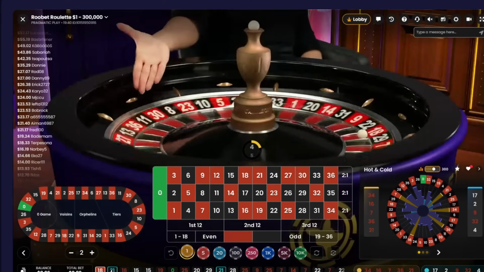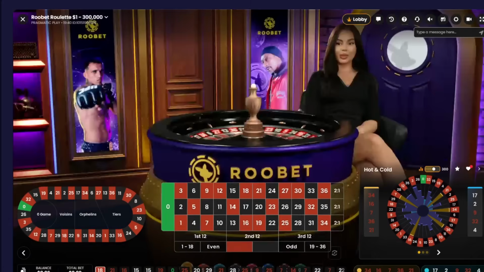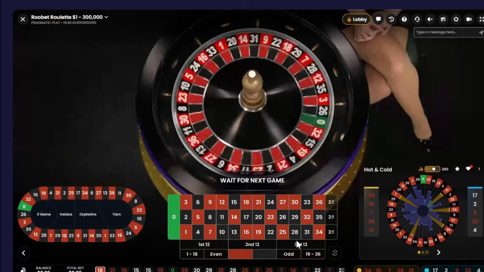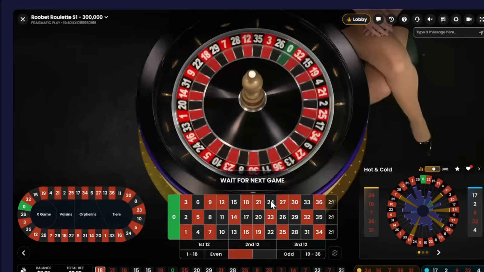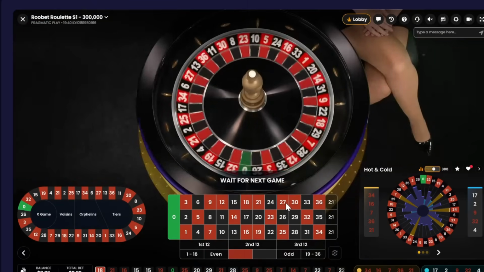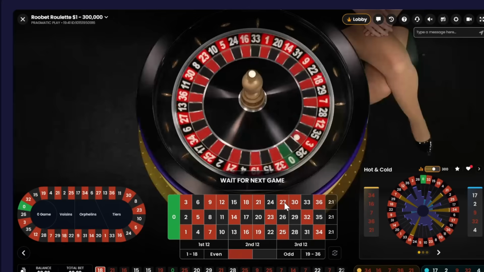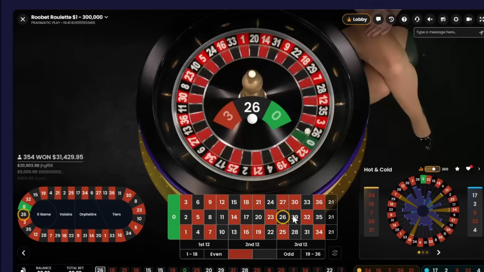All right, so now I'm going to see the next result. If it's red and on column 1 and column 3, it means that it's going to be the opposite on the next game. So let's see. That's 26. Here you go.